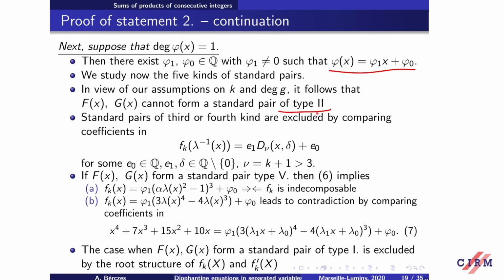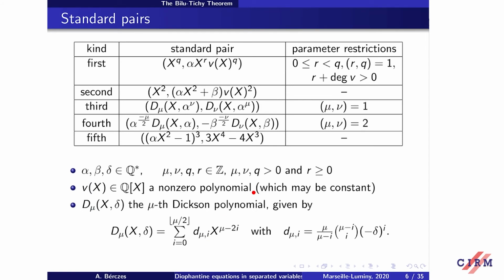On the other hand, the other polynomial, let me just come back for a second to the second type of standard pairs. So one of them must be x squared, and the other one must be of this shape. But here it's clear that this polynomial has multiple roots whenever the degree is larger or equal to 4.